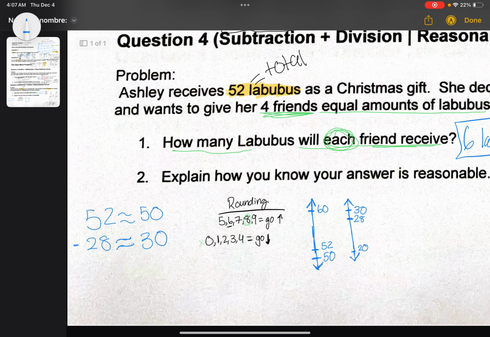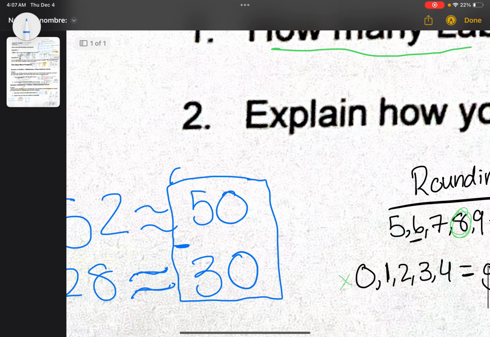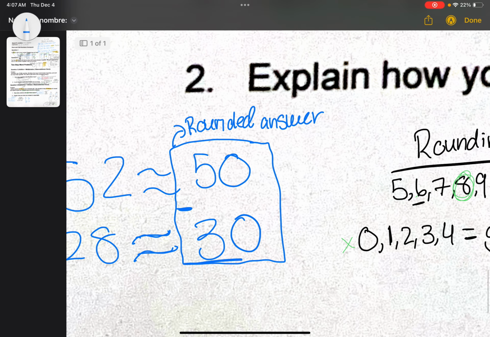And so now what we're going to do is subtract our rounded answers. This side right here, which I'm boxing in, is our rounded answer. Now, what is 0 minus 0? It's 0.